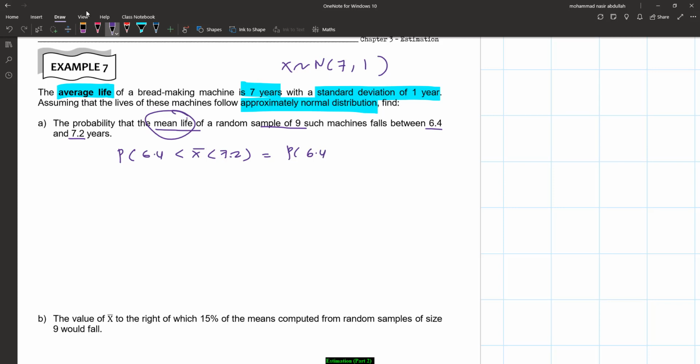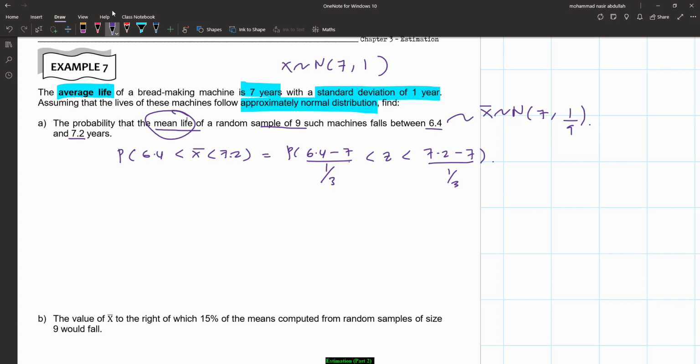Before that, let's put down what we have so we understand properly. X bar has mean 7 and standard deviation 1 over square root of n, where n is 9. So this one minus 7 divided by 1 over 3, and Z less than 7.2 minus 7 divided by 1 over 3.